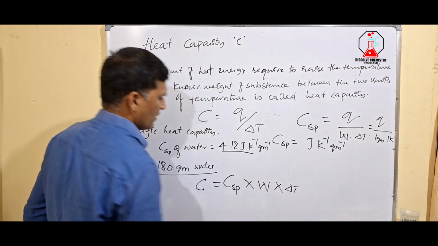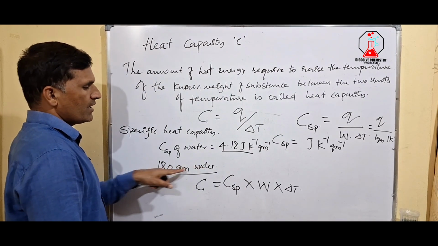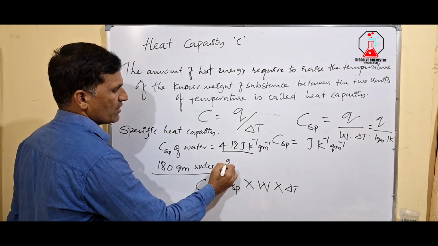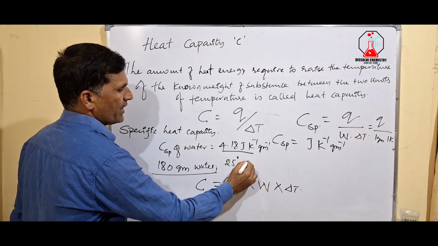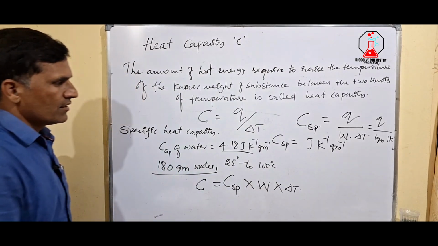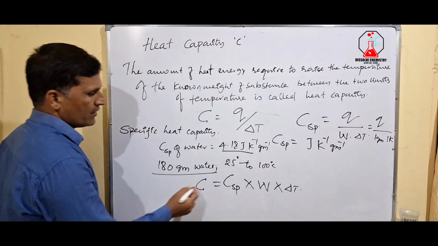Change in temperature. Consider 180 gram of water we will take, and we want to raise its temperature from, for example, 25 to 100 degrees Celsius. Okay, so now we will substitute all in this equation.